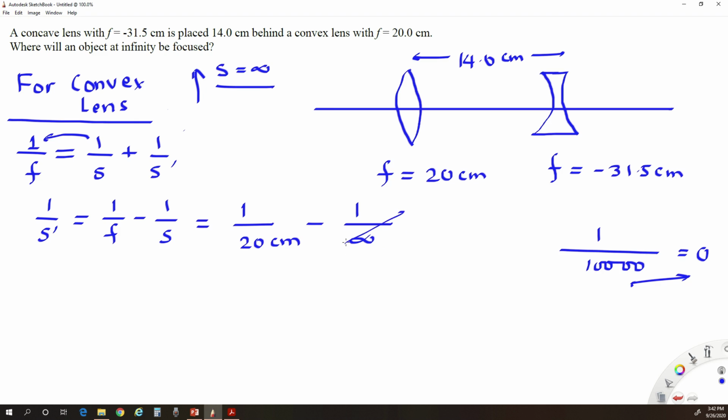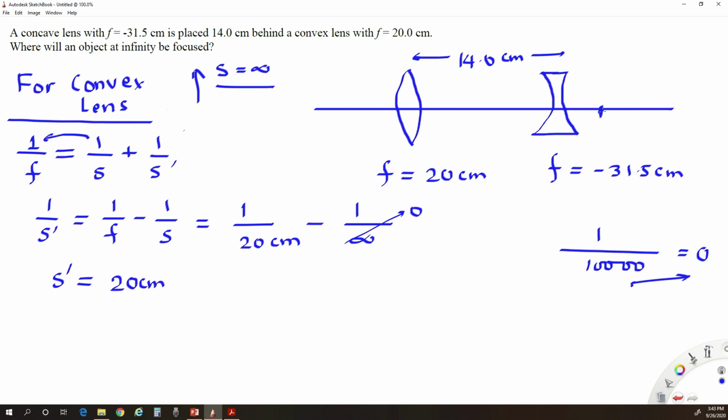So we can consider this to be 0. That means we have 1 over s prime is equal to 1 over 20 centimeters. If I want to get s prime, then I need to flip both sides. When I flip both sides, I get s prime is equal to 20 centimeters. So that means this lens forms the image at 20 centimeters, somewhere here.